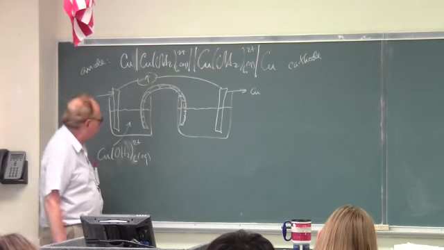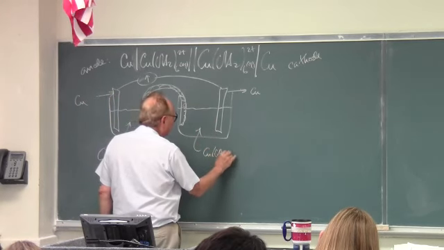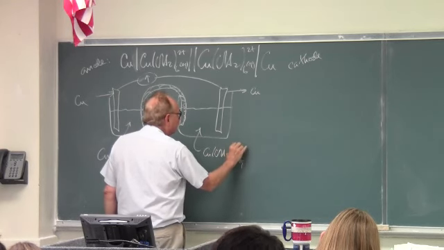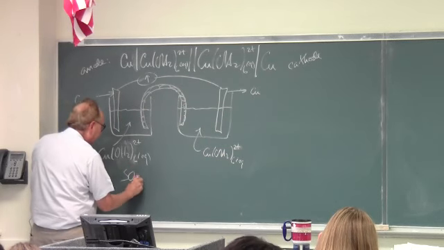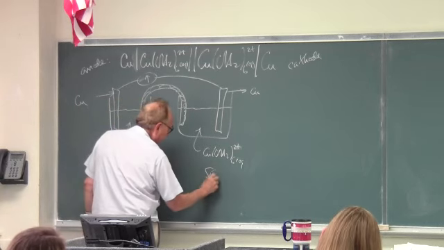And in each half cell compartment, we got hydrated copper ion floating around. And some non-reactive anion, probably sulfate ions. So let's call it sulfate ion.